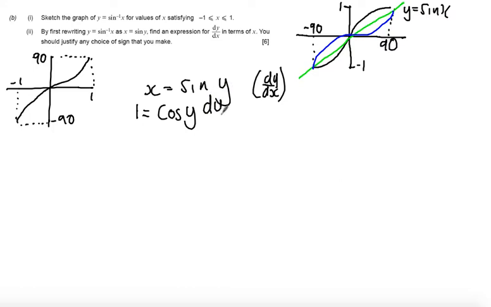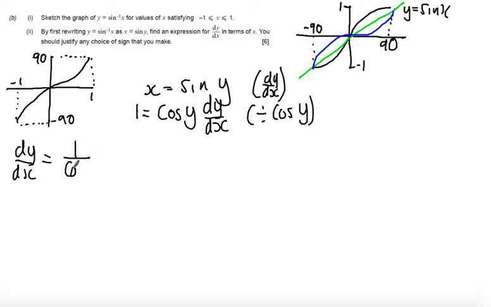Remember to multiply by dy by dx because this is now implicit differentiation. I'm now going to divide both sides by cos y, so I end up with dy by dx equals 1 over cos y.